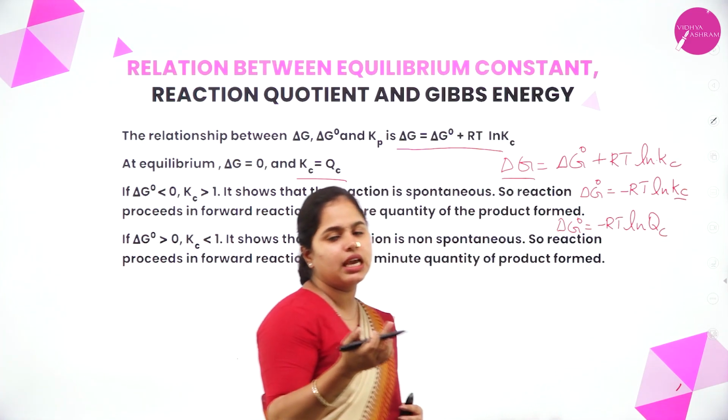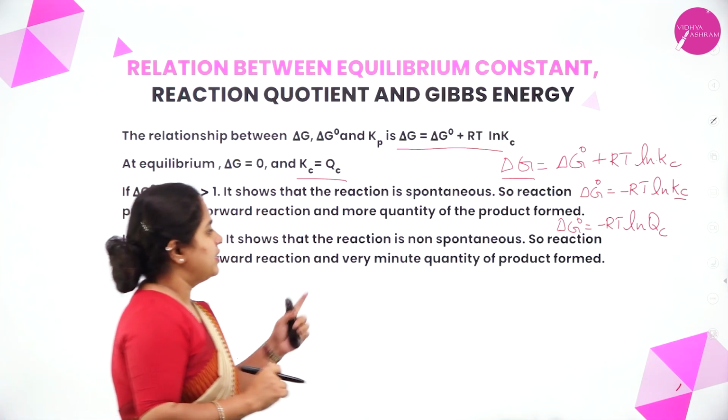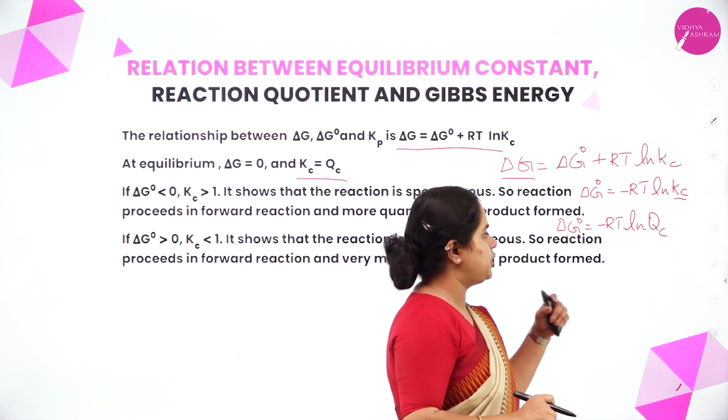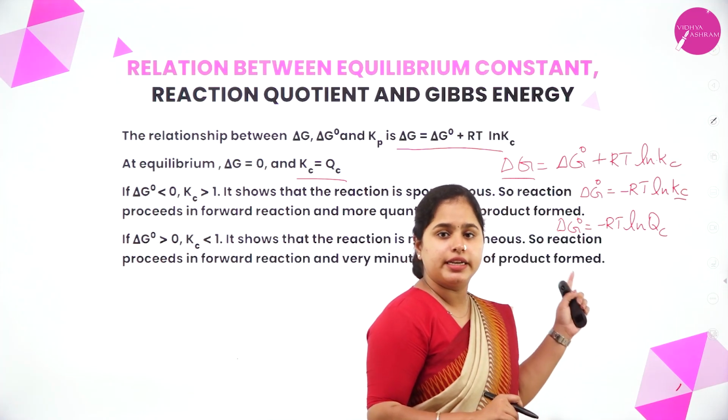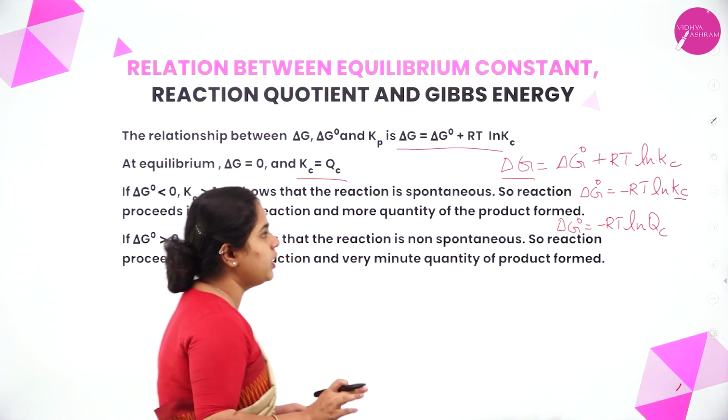So instead of Kc, I can write Qc. This is the relationship between delta G naught and Qc: delta G naught is equal to minus RT ln Qc.